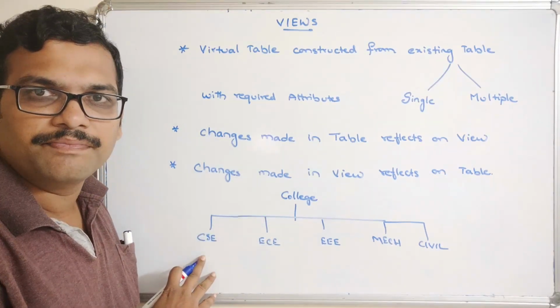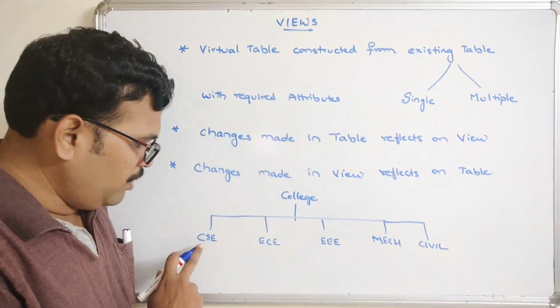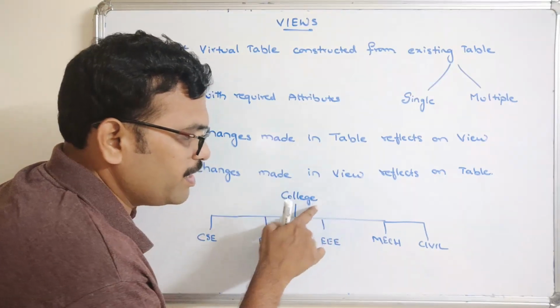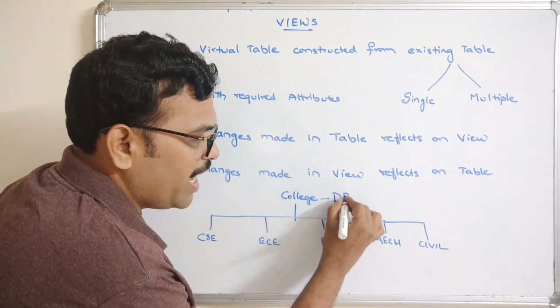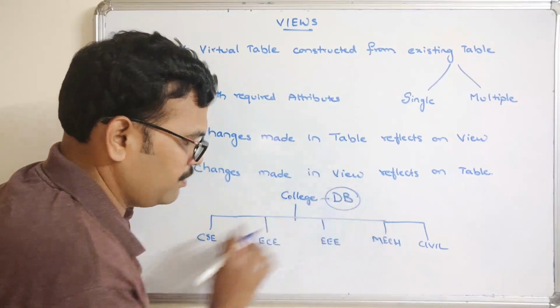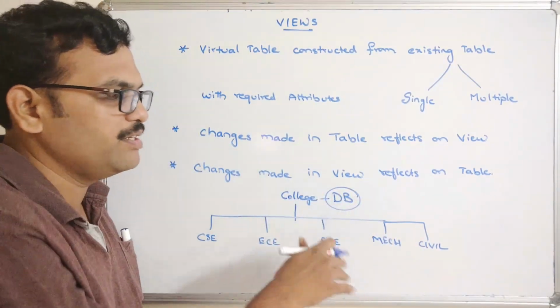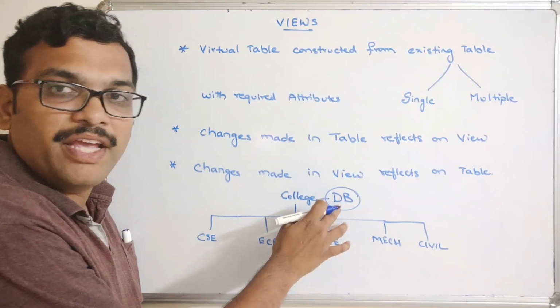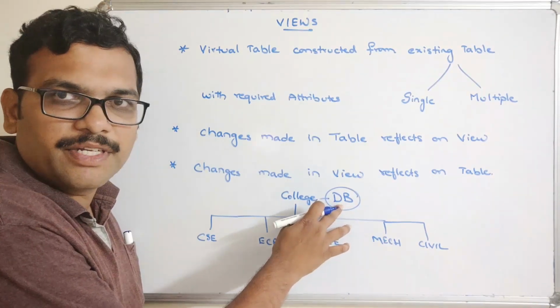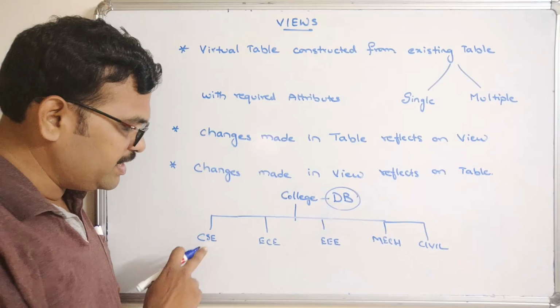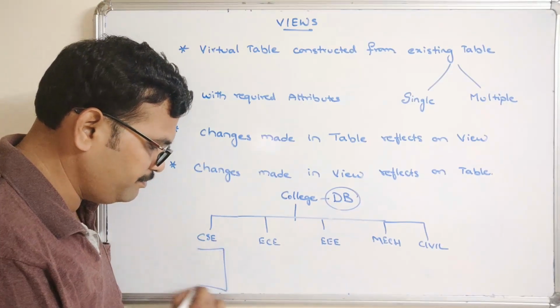So this database will have all the details of all the branches. All the branch details and all the student details will be maintained in the main database called the college database. And the CSE students should be maintained here.